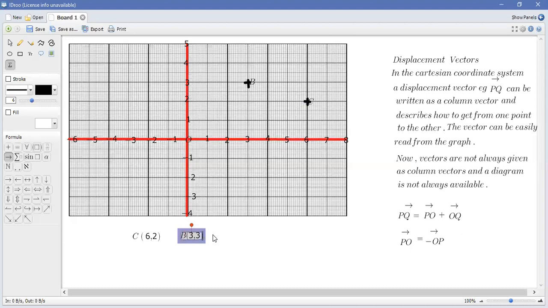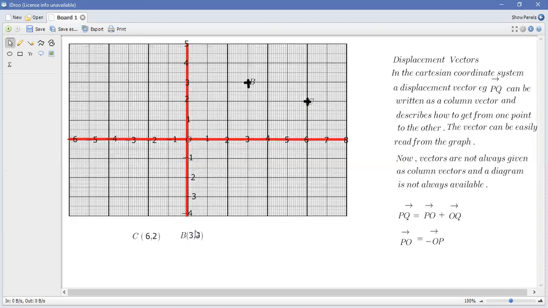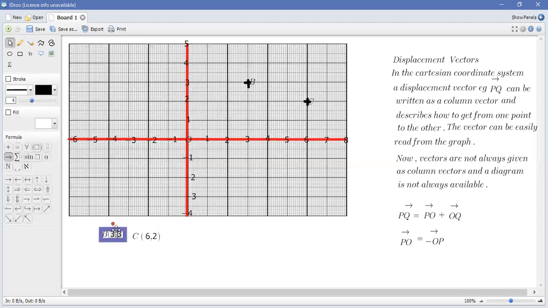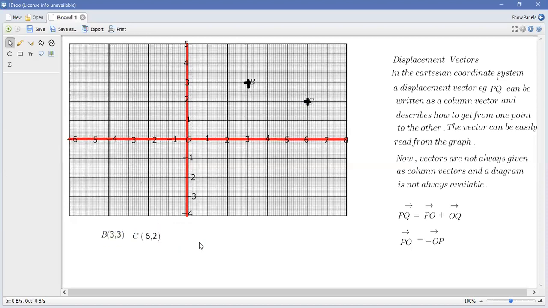If you have notes in front of you and you need to read over your notes, don't play with my time. All right. Good. So 3, 3 and 6, 2. Nicole, what's the position vector now for point B?